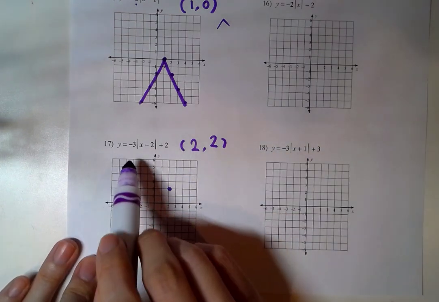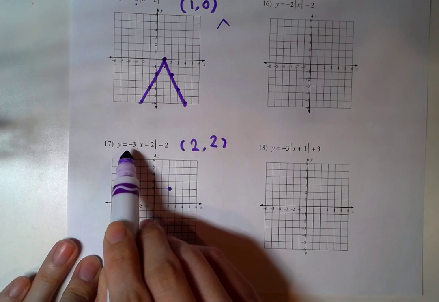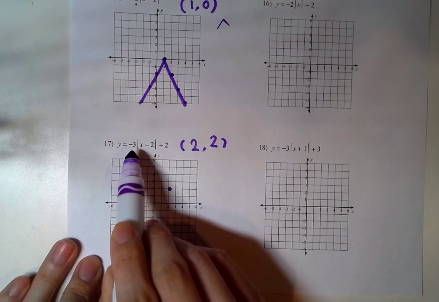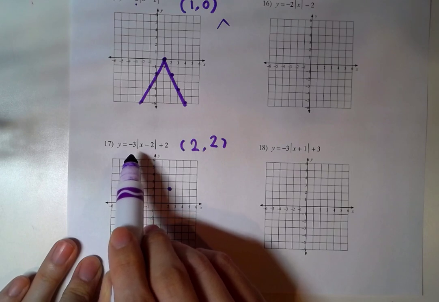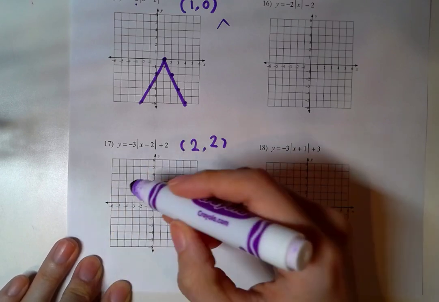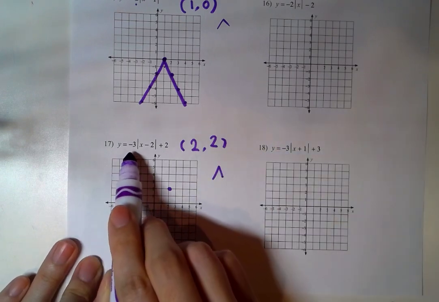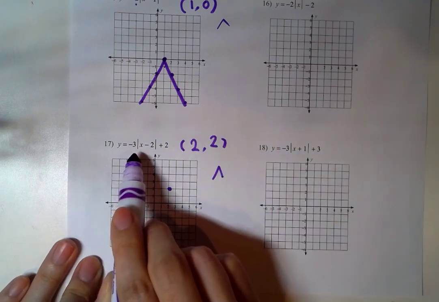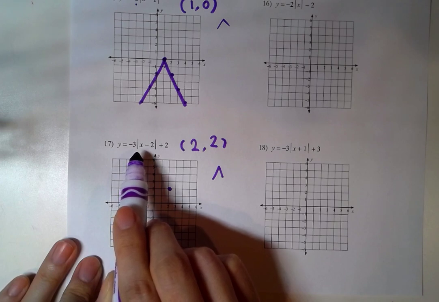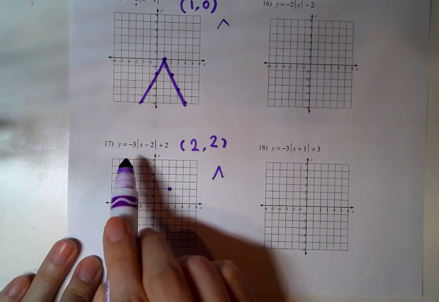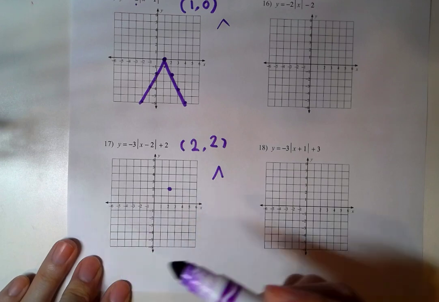Nelson, is that positive or negative? Negative. Opens up or down? Down. Correct. So the graph looks like this. And then I told you this number, that's the slope of the graph, right? So your slope is 3. That means you need to go 3 up and down and 1 to the right.